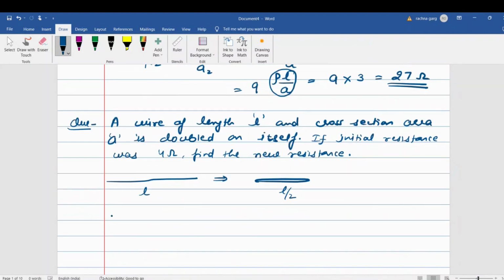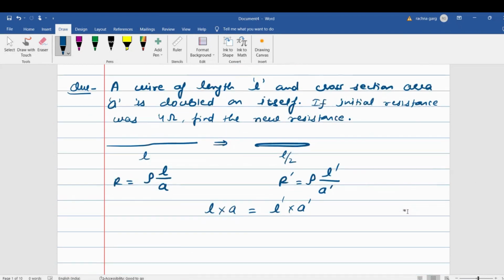Right? So same thing here, R is equal to rho L by A and R dash is rho L dash by A dash. Here area will change. Please remember, I told you initially L into A is equal to L dash into A dash. Got it? So L into A, L dash is L by 2 into A dash. This and this will get cut. A dash is equal to 2A.